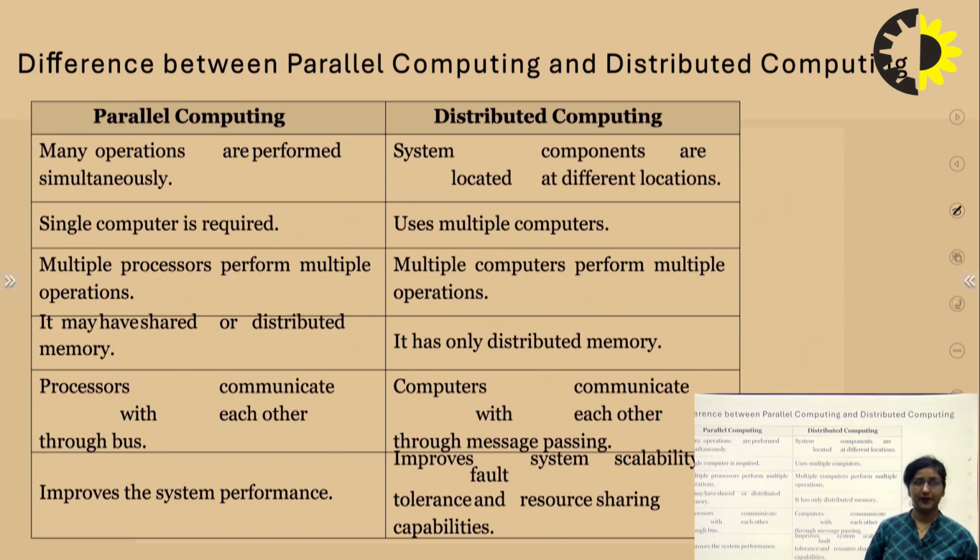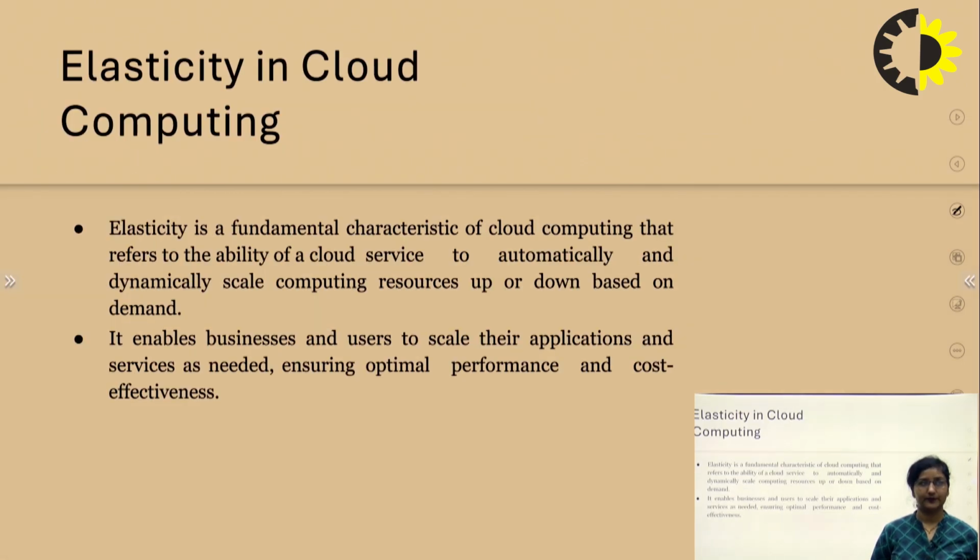In parallel computing, processors communicate with each other through a bus, whereas in distributed computing, computers communicate with each other through message passing. Parallel computing improves system performance, whereas distributed computing improves system scalability, fault tolerance and resource sharing capabilities. So, these are the major differences between parallel computing and distributed computing.